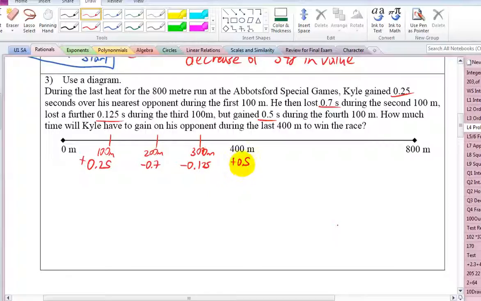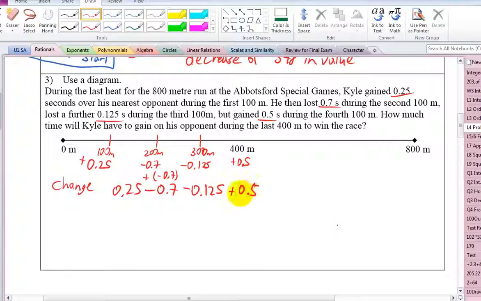So we want to figure out where he is. So let's find the change. 0.25. Now do you guys want to do the shortcut method or the long way? Shortcut. So instead of going plus negative 0.7, we'll just start by doing the subtraction. And then we can do just a subtraction and then do the addition.